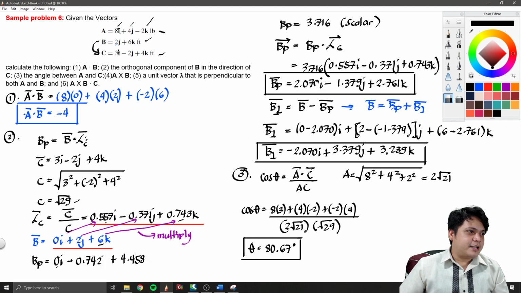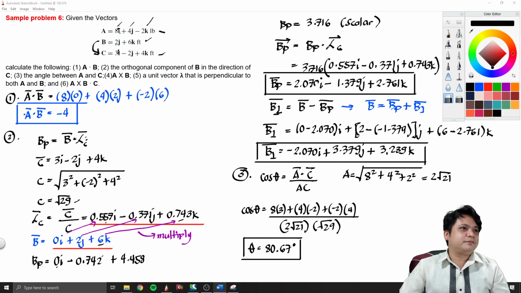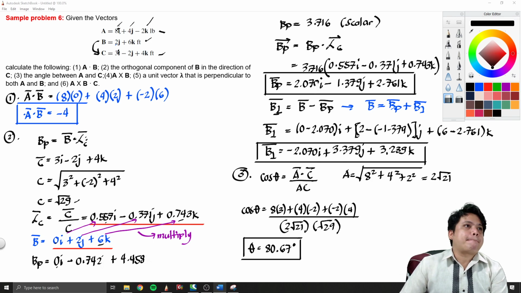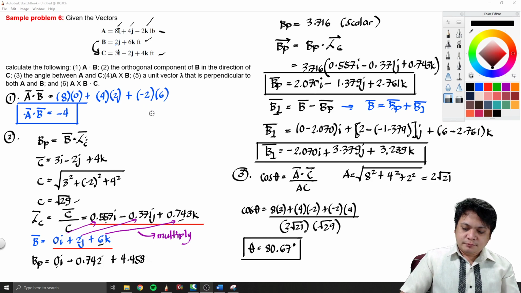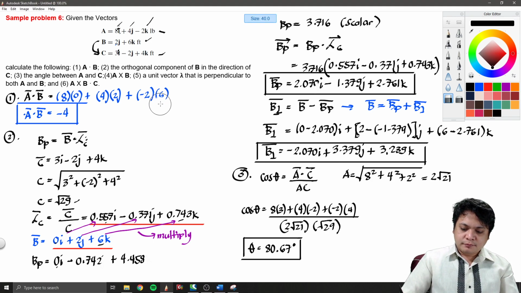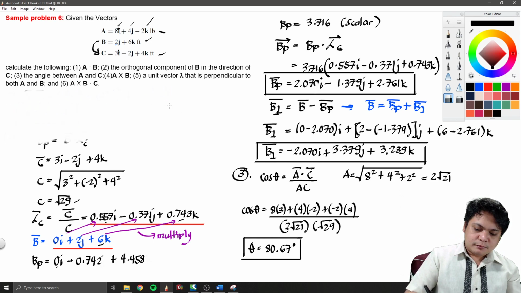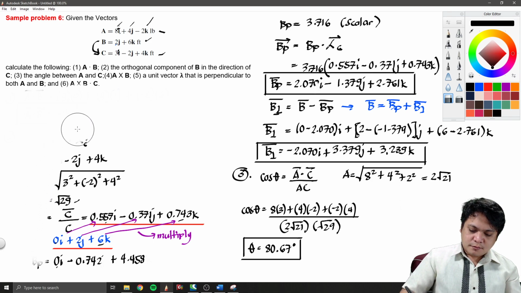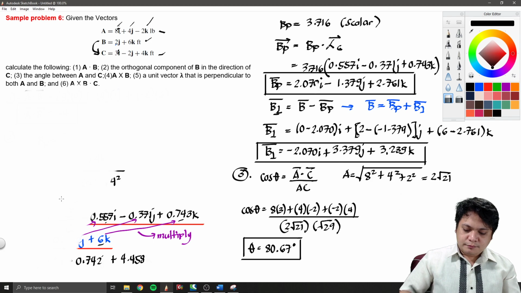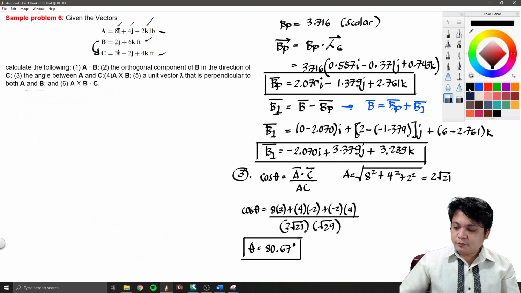So, copy muna. Sige. I will give you time to copy.